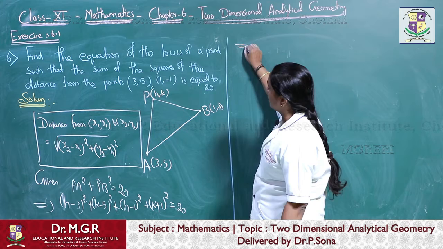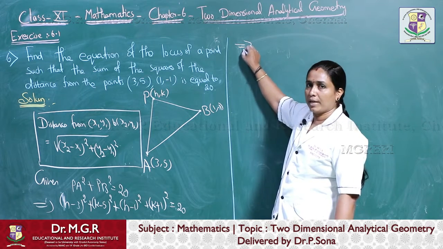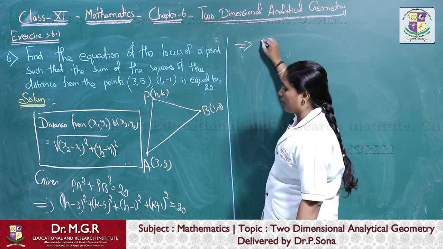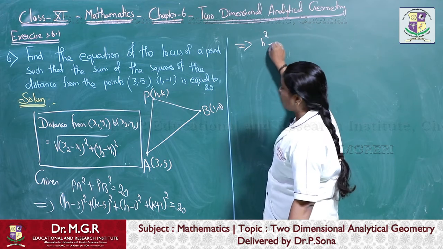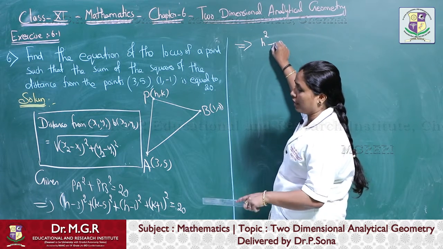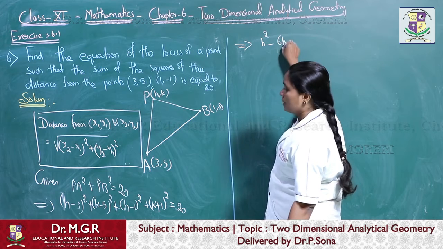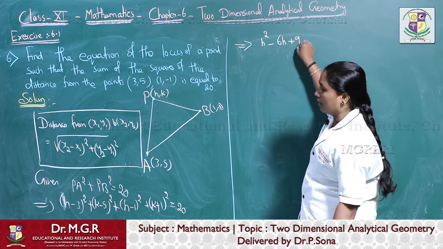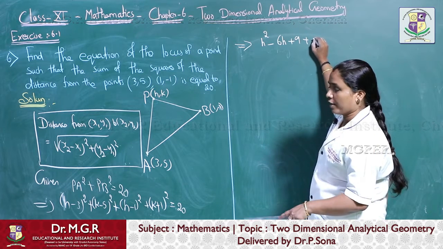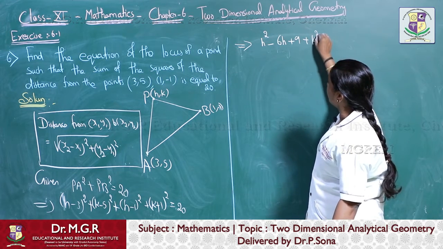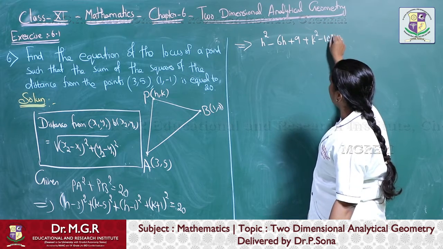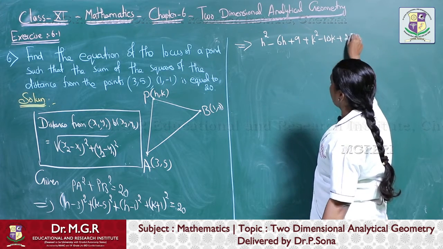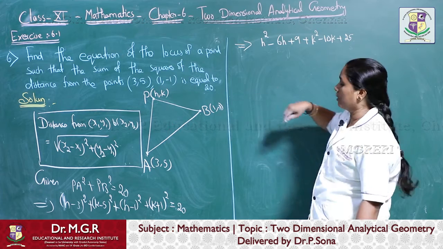So which implies (h minus a) the whole square, the (a minus b) the whole square formula we have to expand. So h square minus 2ab, 2 into 3 into h, so minus 6h plus b square, that is 3 square is 9, plus (k minus 5) the whole square. So k square minus 10k plus 25 is the expansion of (k minus 5) the whole square.